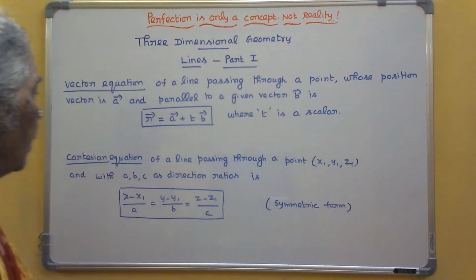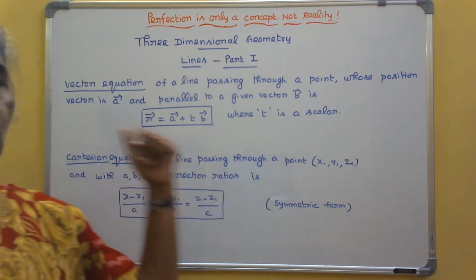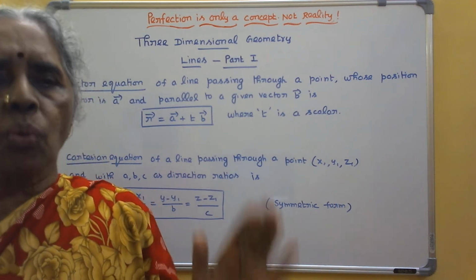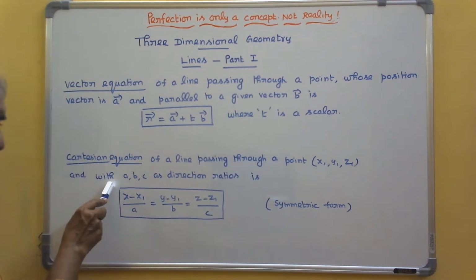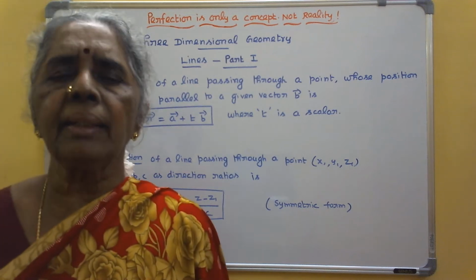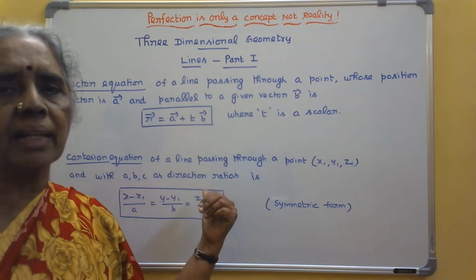Now Cartesian equation of a line passing through a point. Now the point will be as an ordered pair, right? So x1, y1, z1, and with a, b, c as direction ratios. That is, there it is parallel vector, here it is direction ratio.